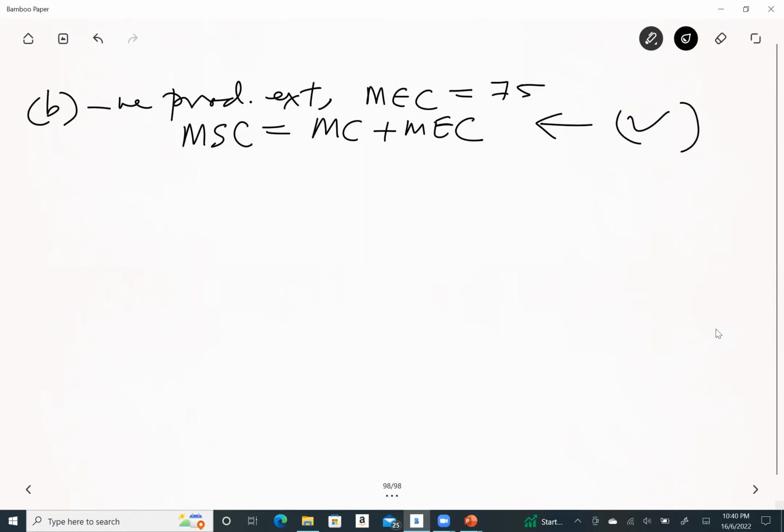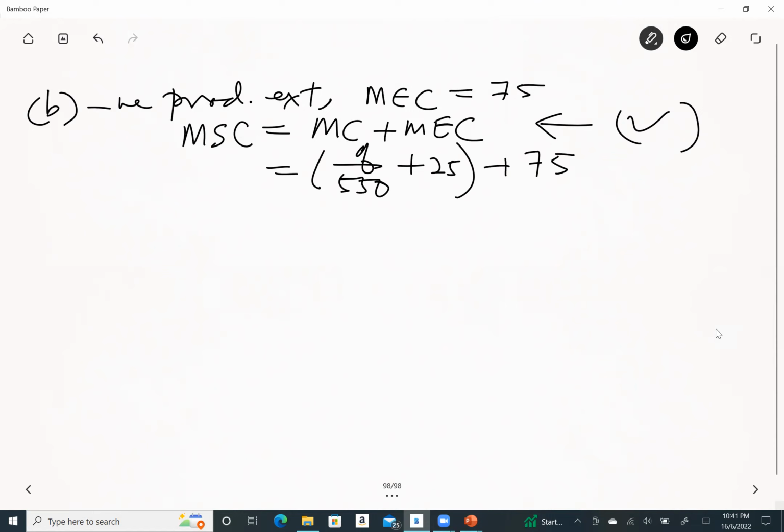Make sure we know that. If you have an externality, the function changes. That will be equal to the marginal cost that is given, Q over 550 plus 25, and then you add the 75.